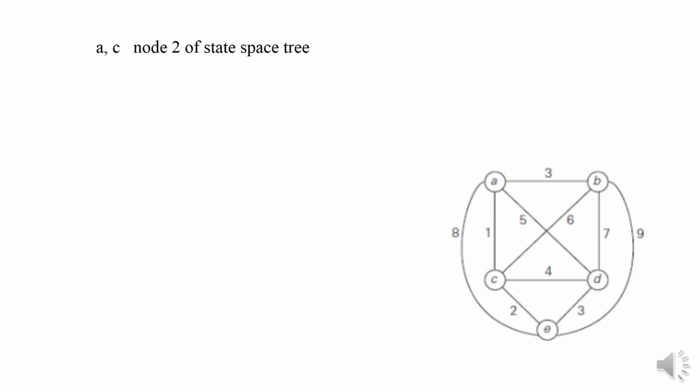So if we were to expand node 2, then we would get a lower bound value as 14. This is because, as before, if we calculate the sum of the least edges, we get 1 plus 3 for the node A, 3 plus 6 for the node B, 1 plus 2 for node C, for the node D 3 plus 4, and for E we get 2 plus 3.